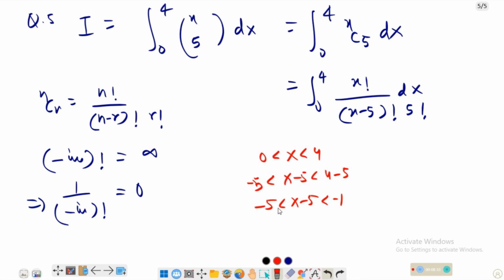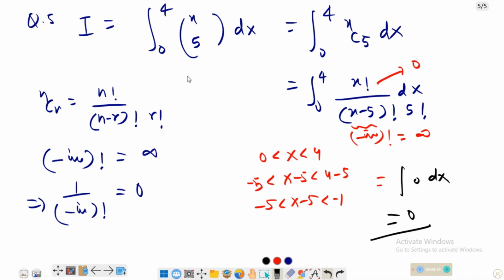This implies that this quantity is negative. So the negative factorial is infinite, and 1 upon infinite is equal to 0, so this quantity goes to 0. This implies that the integral of 0 dx is equal to 0, so this integral becomes 0. So now we move to the next question, question number 6.